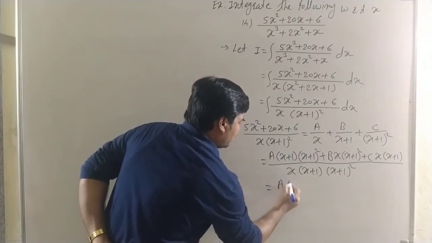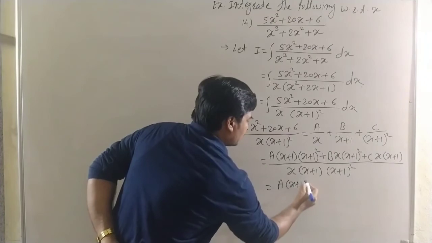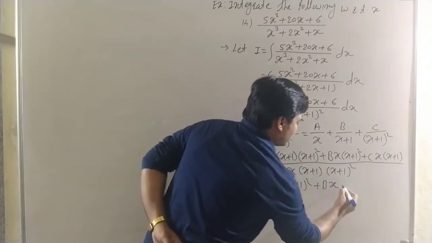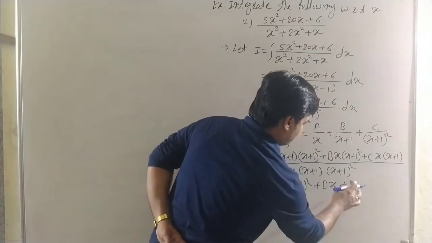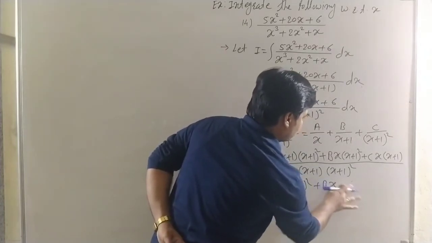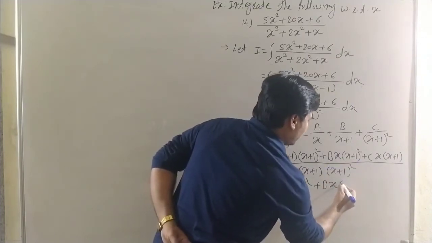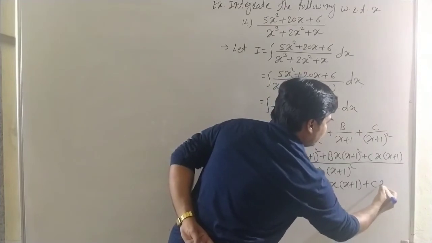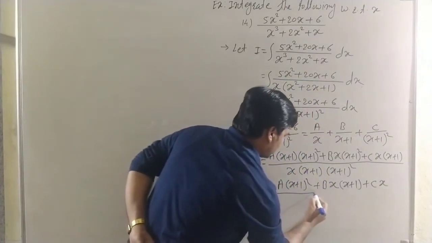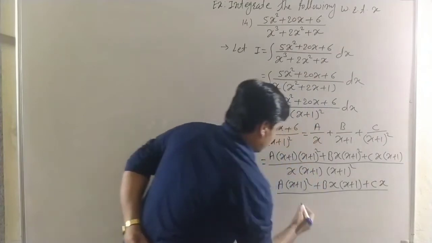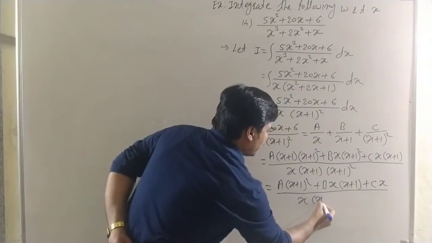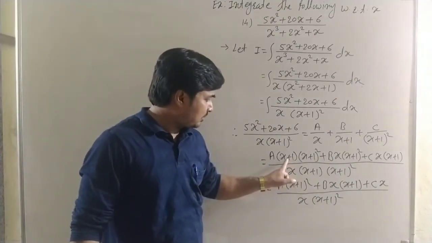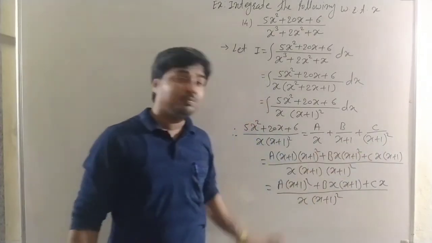Take the common x + 1 in the numerator and cancel it. Then A into (x + 1) plus B into x, and B into (x + 1) plus C into x, upon x into (x + 1)².